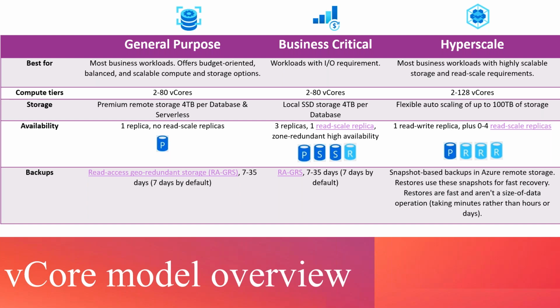When you go for hyperscale, one will be primary and 3 will be read only, where you can route the connections to reduce the burden on the primary replica. That is one major advantage of hyperscale and business critical.